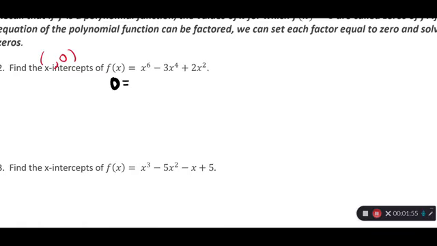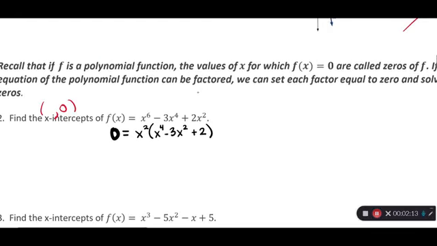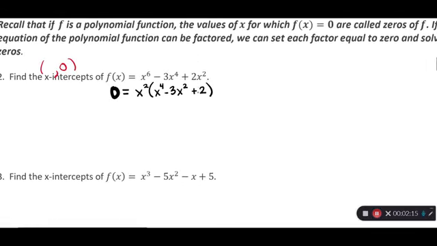Now to factor, I'm noticing that all 3 of my terms here have an x squared in it. So if I factor out x squared, this will become x to the 4th minus 3x squared plus 2. Now, I do believe that this can be factored more.